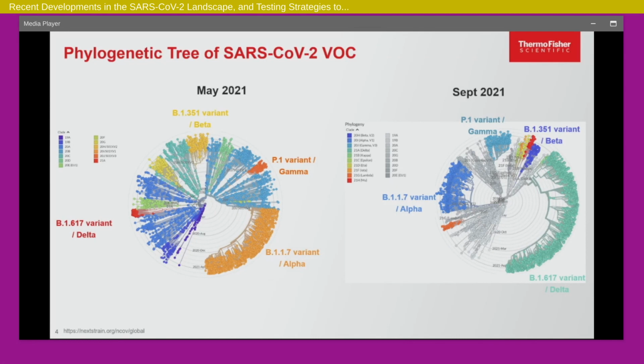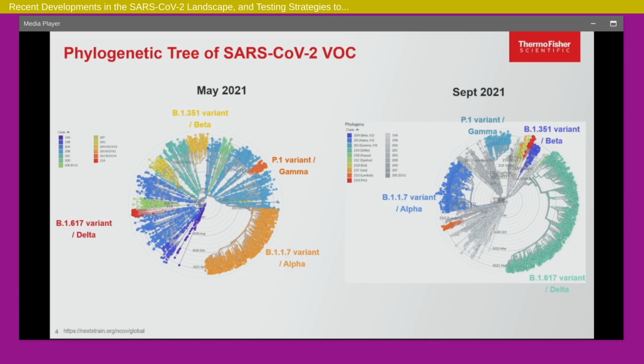This was from yesterday, from the outbreak info slide. And you can see that what has happened is that everything has completely changed. What was alpha is now, on the large scale of things, pretty much taken over by delta. So in a matter of months, you have seen the landscape completely shift.